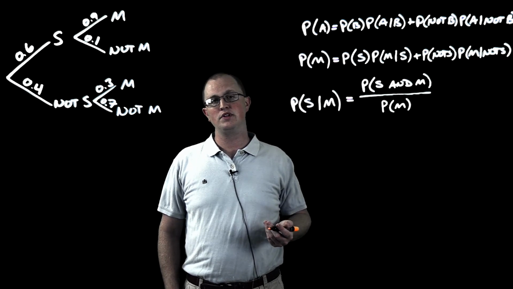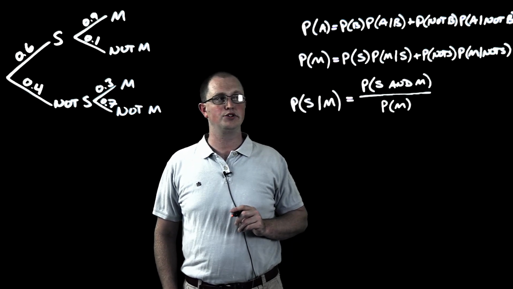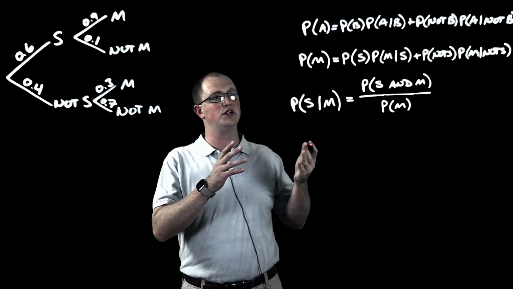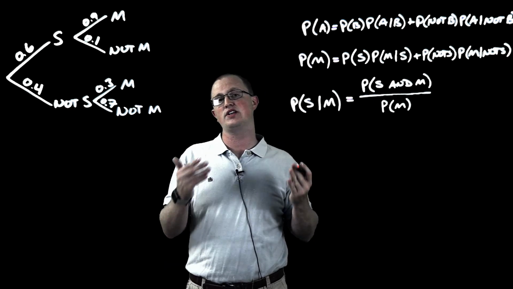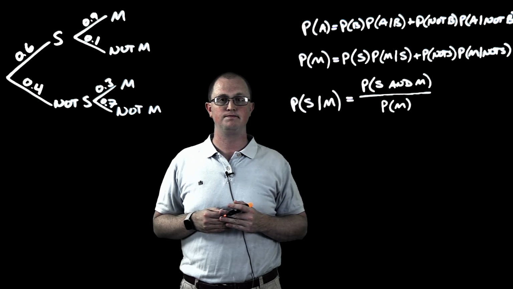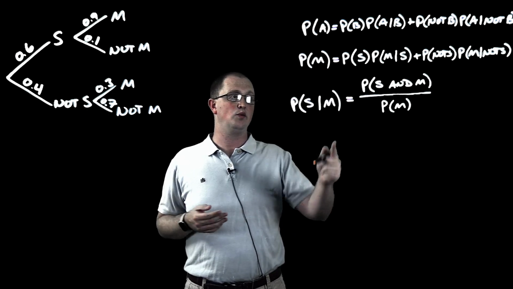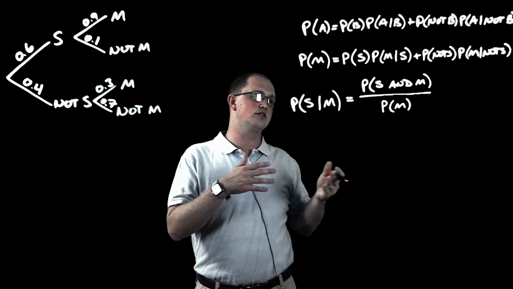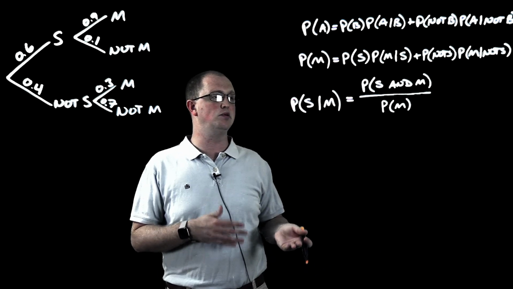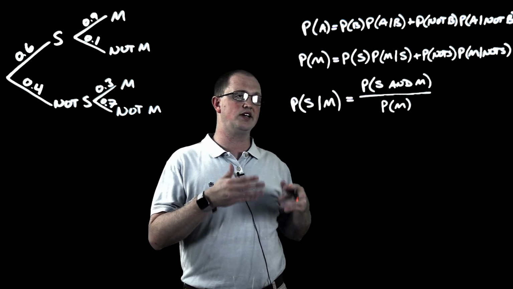We have formulas for that as well. We have the general multiplication rule that says that we can rewrite an AND statement as a statement involving conditional probabilities. So one way that we could rewrite the probability of S and M is the probability of M times the probability of S given M.